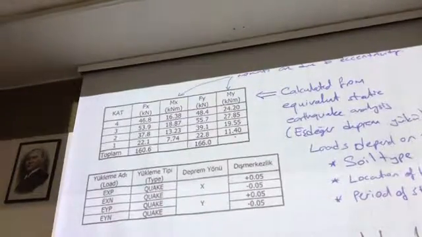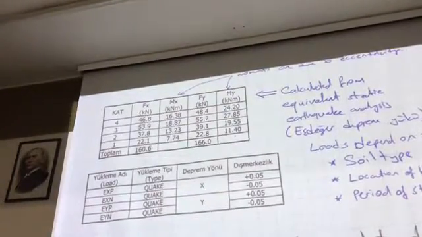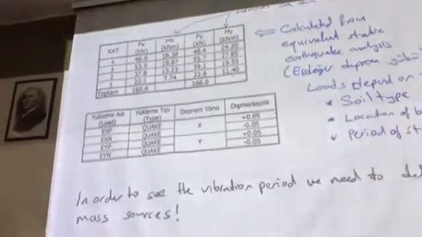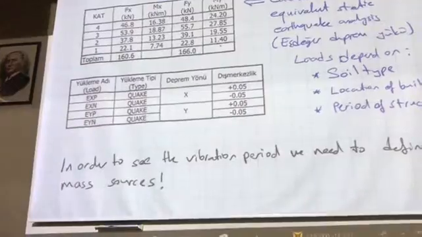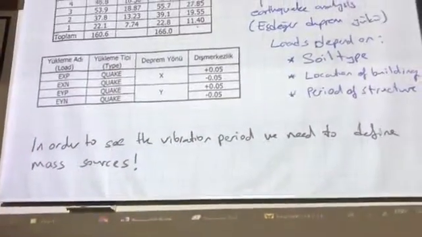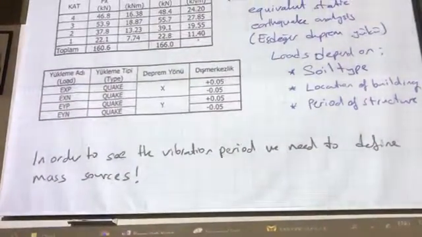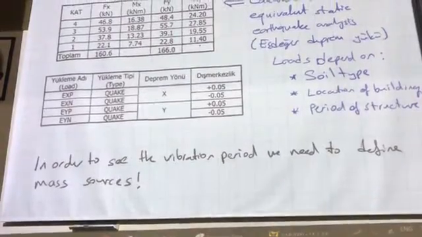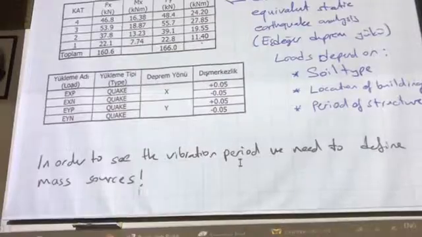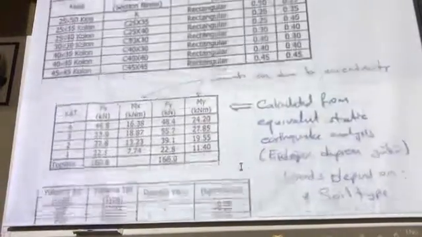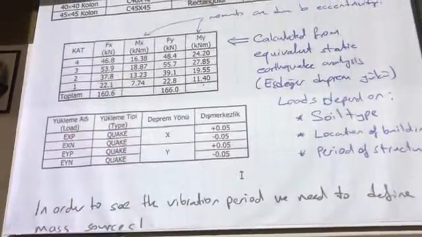This is very important because if you don't have mass, you will not get any period, any vibration. You must have mass. And where does this mass come from? Mass comes from dead load and also some part of live load. Okay then. Now let me explain this in next.